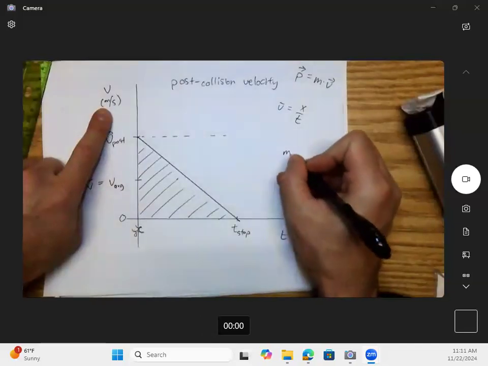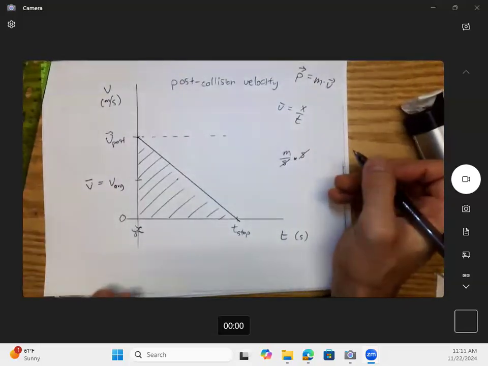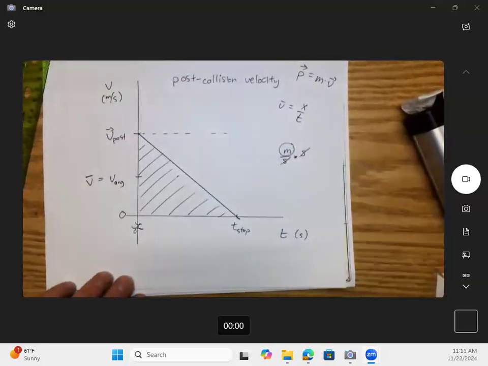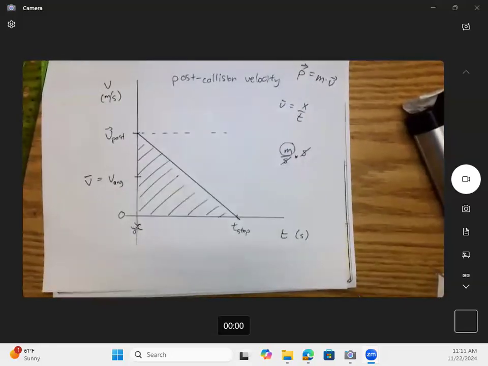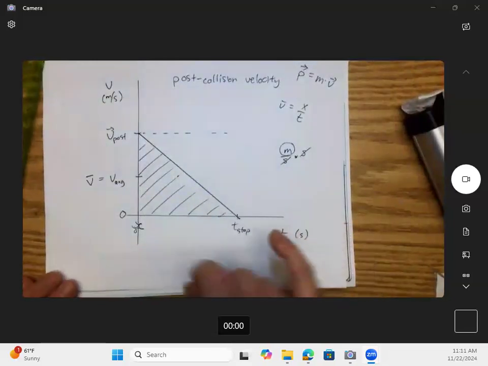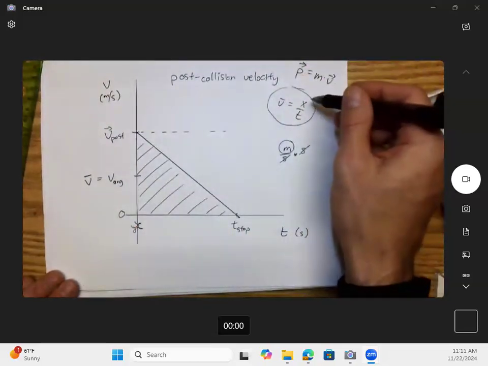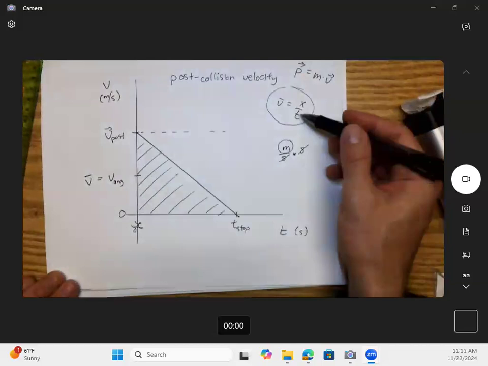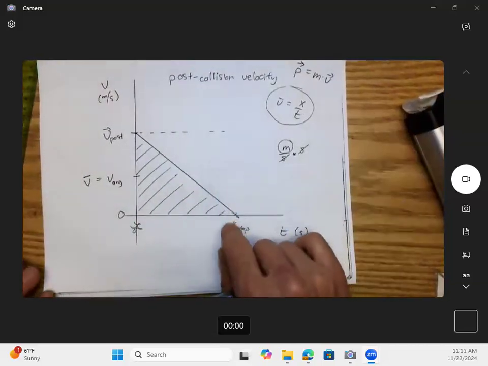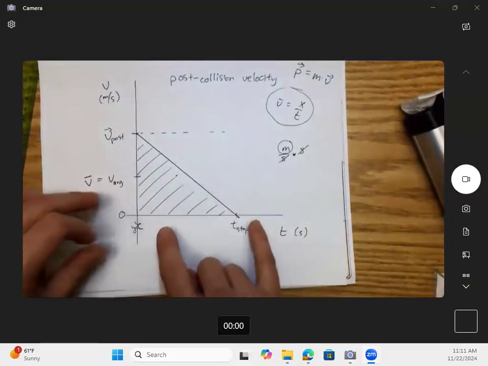So if I have meters per second and I multiply it by seconds, what does that give you? Meters, which describes the distance. So that's how far the cart rolled. And if you divide that by the stopping time, that's what I'm saying right here: the distance, which is the area of the triangle, divided by the stopping time gives the average velocity. It's like taking the area of the shape divided by the base, which gives you the average height.